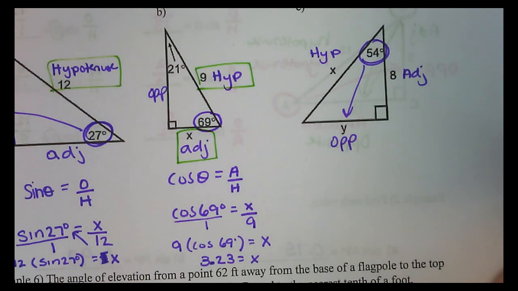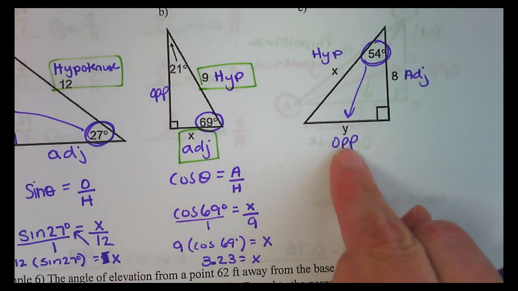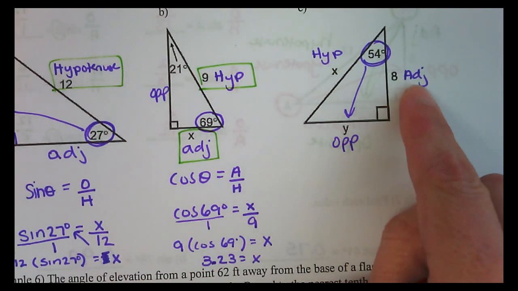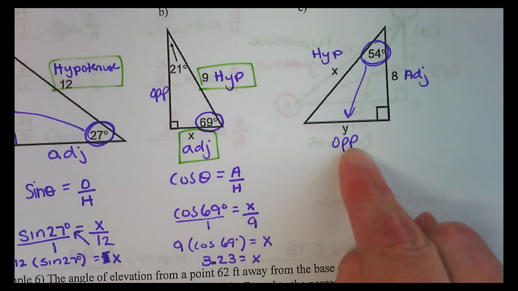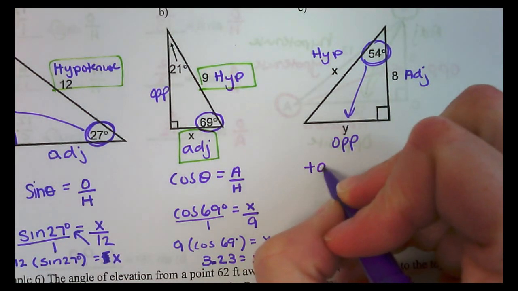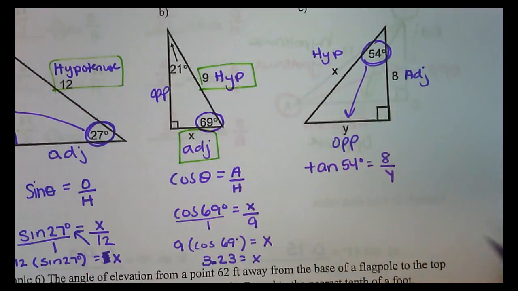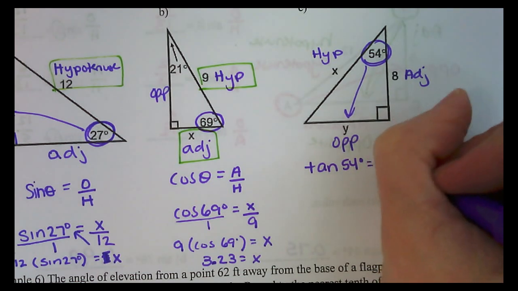You can pick which one you want to solve for first. Let's say I pick y. I know my adjacent and I'm trying to solve for opposite. Opposite and adjacent tell me to use tangent.